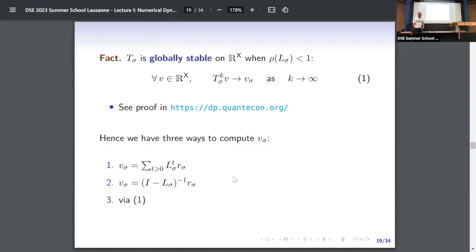So now we have a few different ways to compute lifetime value. If I fix a policy, I can compute lifetime value using this geometric sum. I can compute it like this, using the inverse method. Or I can use the fact that the policy operator is globally stable. I can pick an initial V and start iterating with this guy, and I'll converge to V sub sigma, the lifetime value.